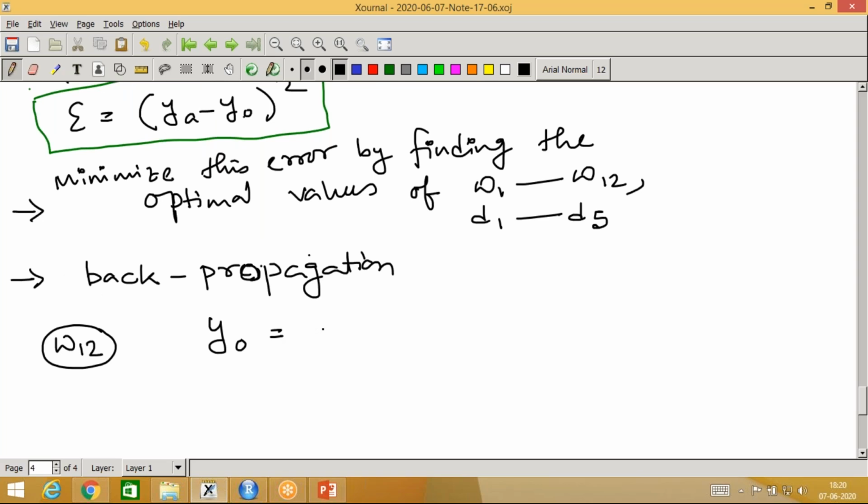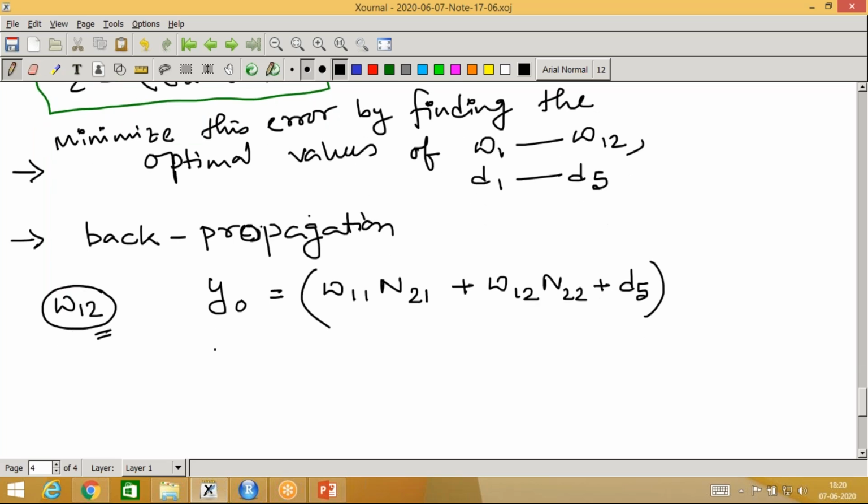My Y0, if you remember, is W11 N21 plus W12 N22 plus D5. That is my Y0. So the closest weightage that I have to optimize is W12.